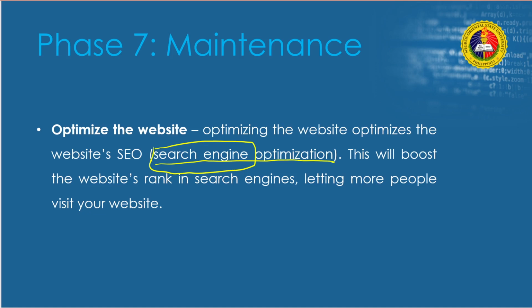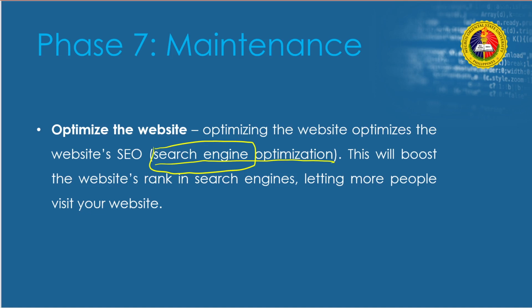Like Google Chrome, sir. Google Chrome is a browser, but when you say Google search, now that's a search engine. Google. Okay, so search engine. Search engines are like Google, Bing, and Yahoo search or Google search.